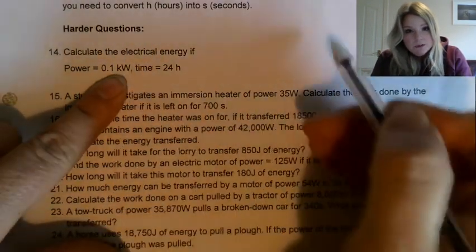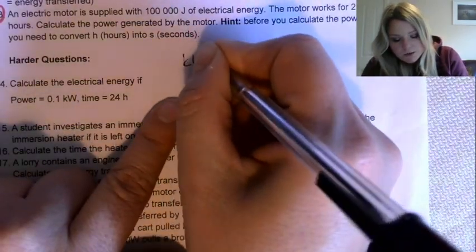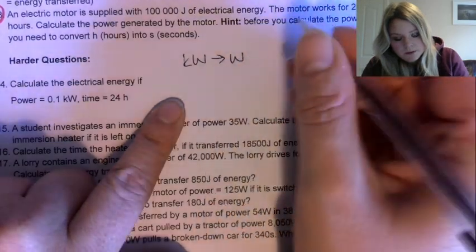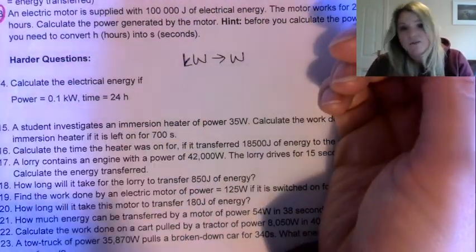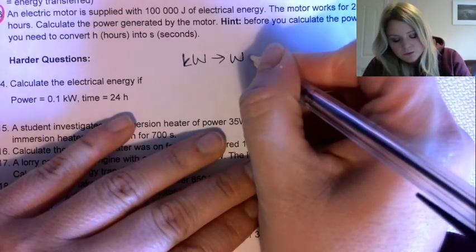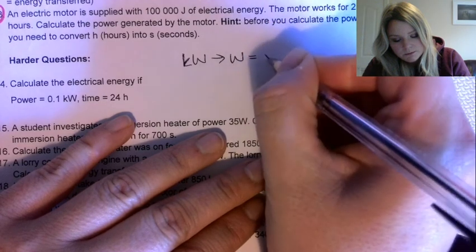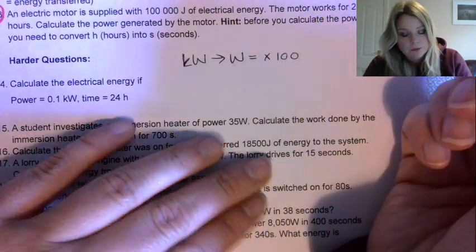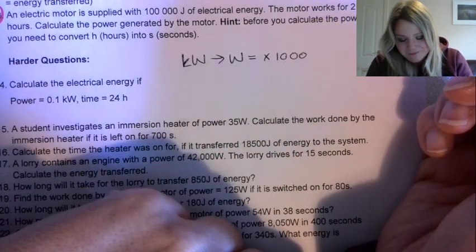So remember, I'll just use this little space here to do some reminders. To go from kilowatts to watts, kilo means 1,000 of the unit. So if we have like 5 kilowatts, that means it's 5,000 watts. So we multiply by 1,000.